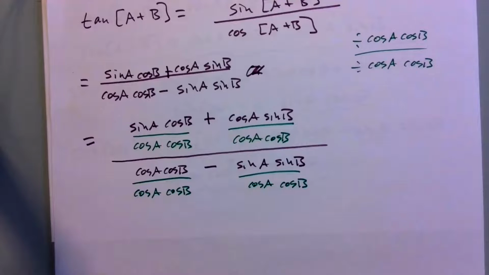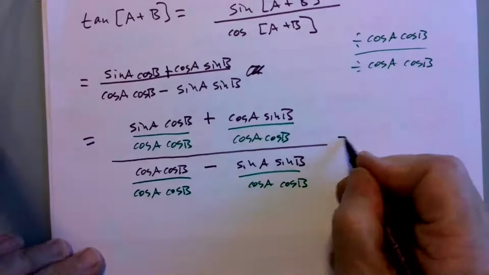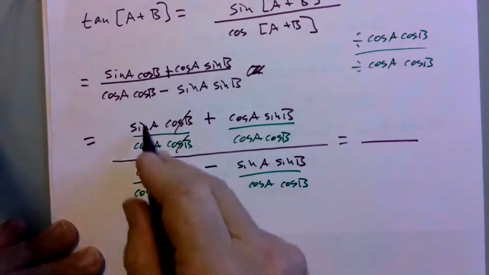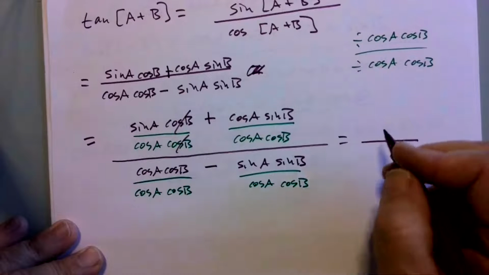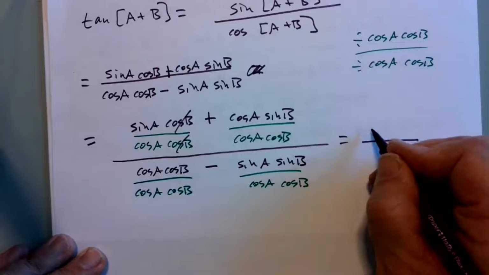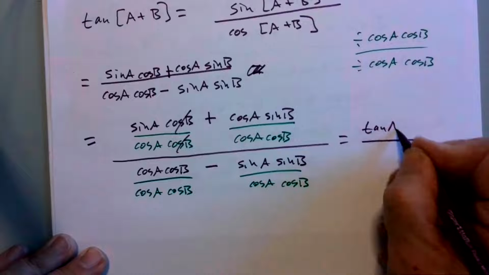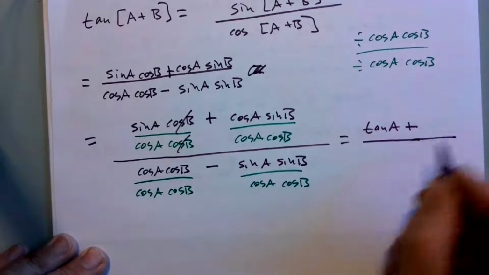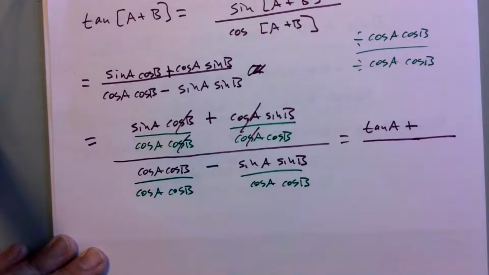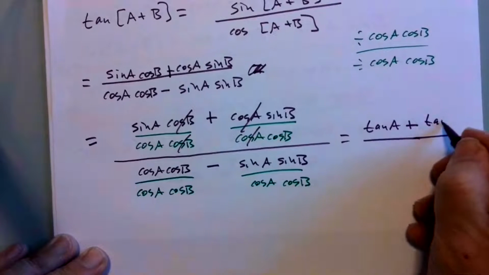Okay, so let's simplify this if we can. The cos b's cancel here. Sine a divided by cos a is tangent a. Plus, again, thank you for the correction, over here the cos a and the cos a cancel, and I get sine b over cos b, which I believe is tangent b.